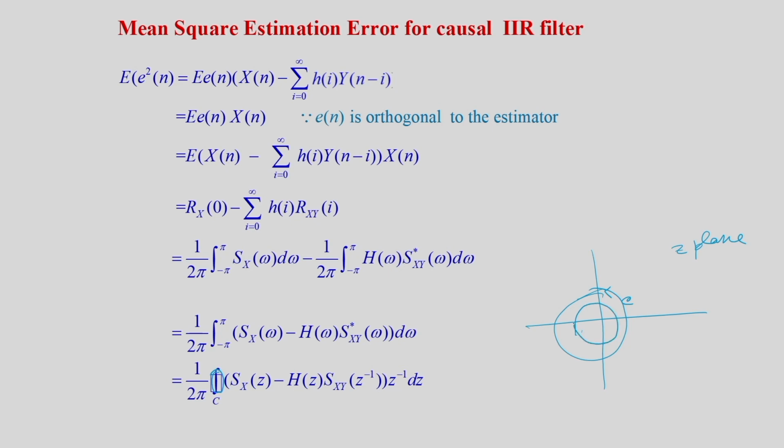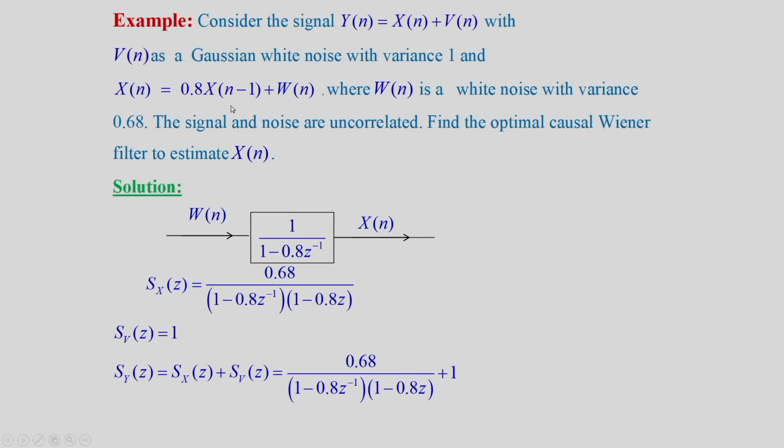Maybe somewhere the unit circle is here. This is the unit circle. So if we perform this integral over this contour, that is the contour integral of Sx(z) minus H(z) into Sxy(z inverse) into z inverse dz, we will get the mean square error. So this way we can find out the mean square estimation error.